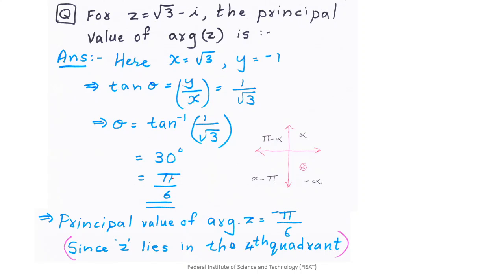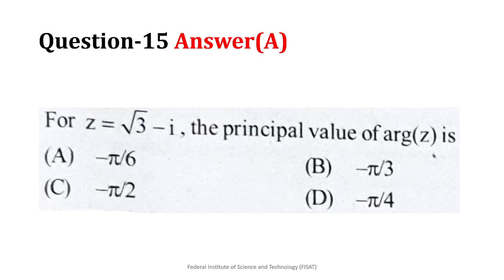In this particular question, z equals root 3 minus I, that is the point root 3 comma minus 1. It comes in the fourth quadrant. So in this quadrant, the answer is minus alpha. So pi by 6 will be replaced with minus pi by 6. So the answer is minus pi by 6 since z lies in the fourth quadrant.